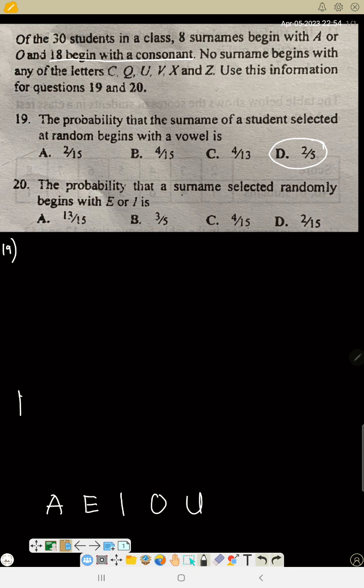Now, how many surnames selected at random begin with E or I?